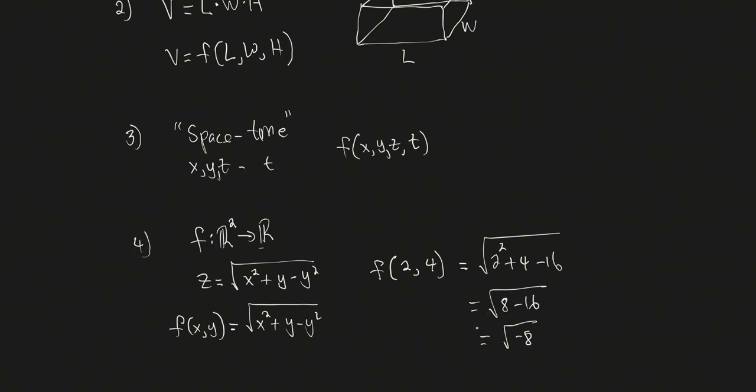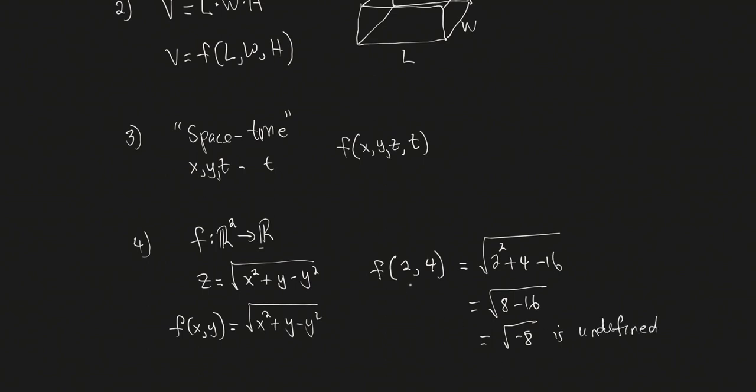So the same way, if I just gave you a function of a single variable and you evaluated it and it was a square root and you ended with a negative number under it, unless it's a course where you're now using complex numbers, which this is not, then we would still say that this is undefined.